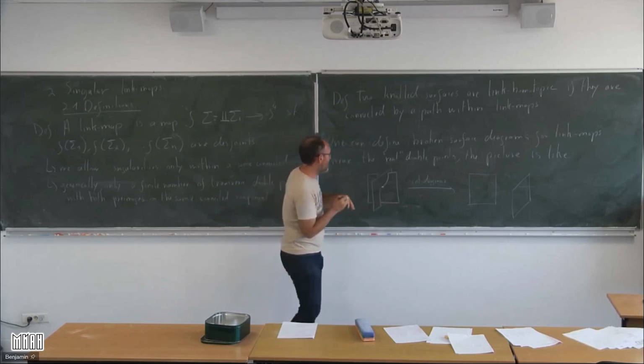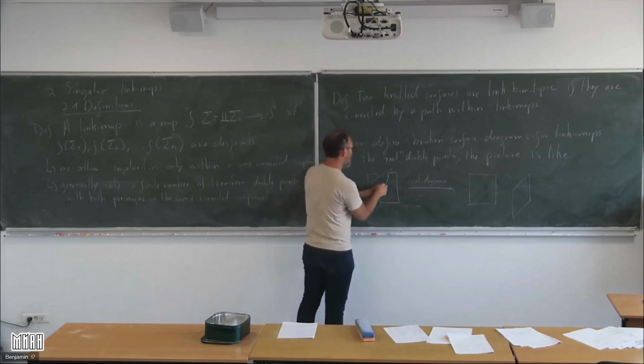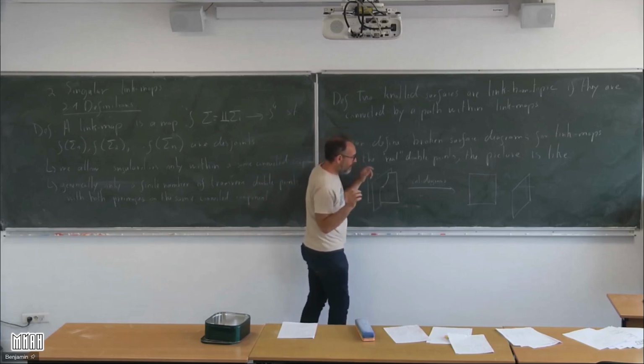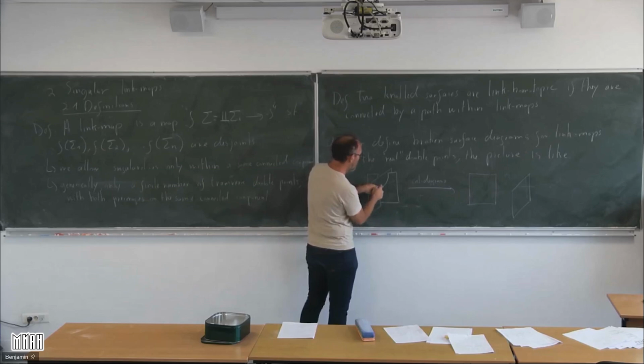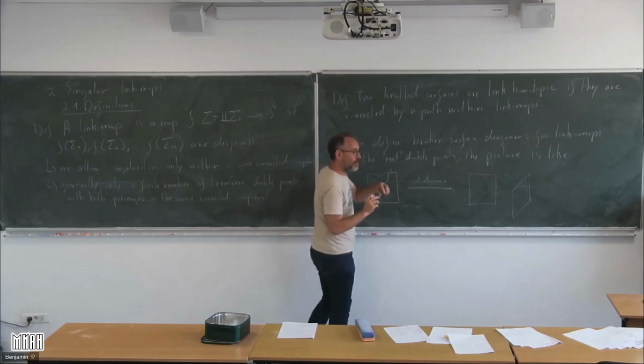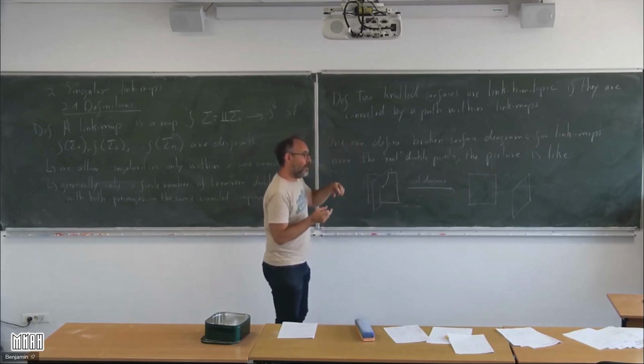And when you project, you have this double point with two lines of unreal double points. But on these two lines, you have swapped the over-under information.